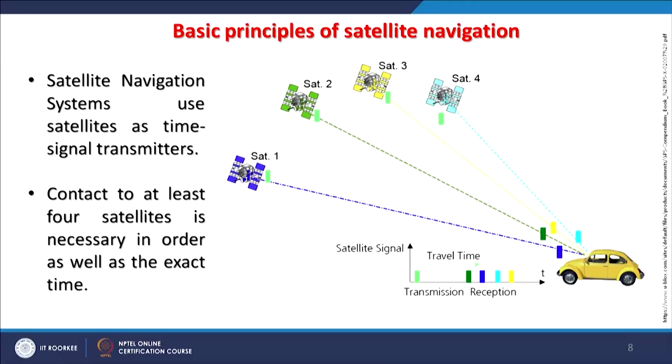They send the signals, and contact with at least 4 satellites is necessary to obtain position as well as exact time. So that is why one should wait for 4 satellites. If you are determining your position initially, maybe you may be getting signals from 1 or 2 or 3 satellites. One should wait for more signals for a few seconds or a few minutes.